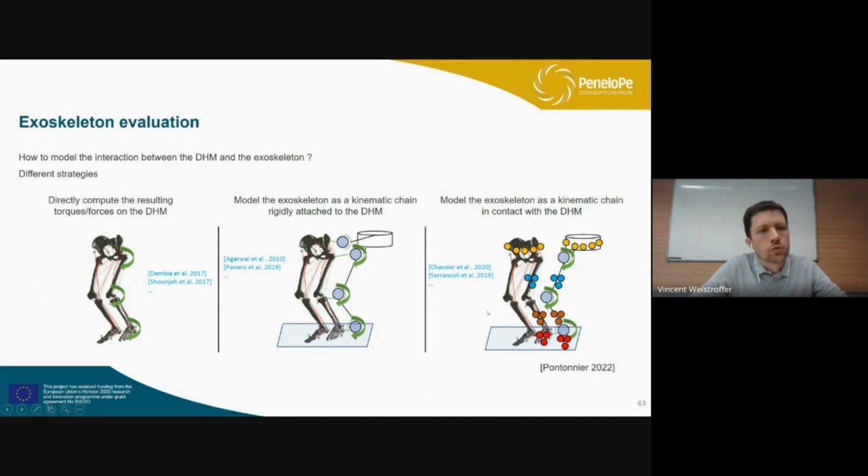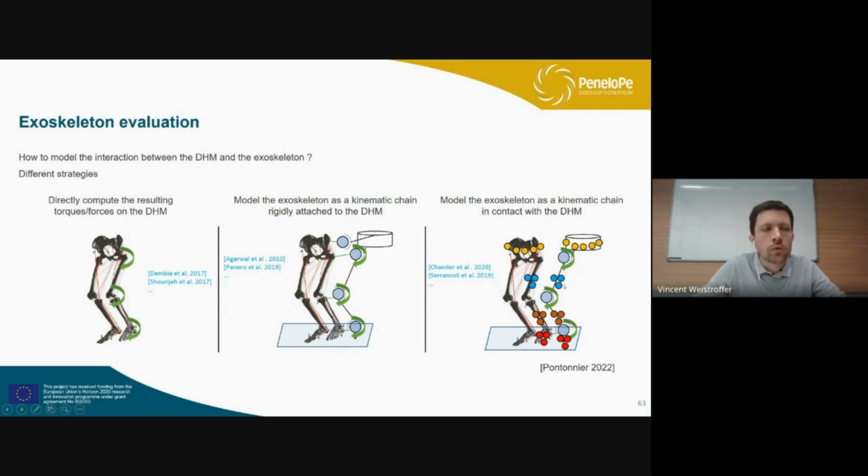The final strategy that is described here is that you will also model the exoskeleton as a kinematic chain. But instead of having rigid attach points between the exoskeleton and the digital human model, you would model the interaction only by using contact points between the two systems. This is really more complex to simulate, more complex to model.